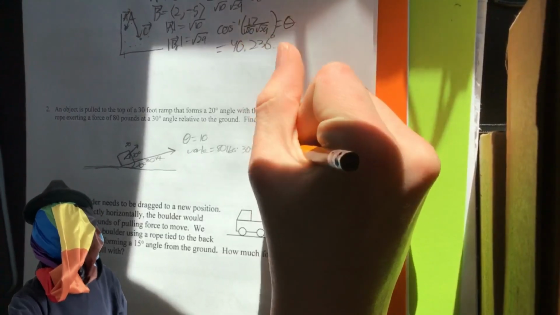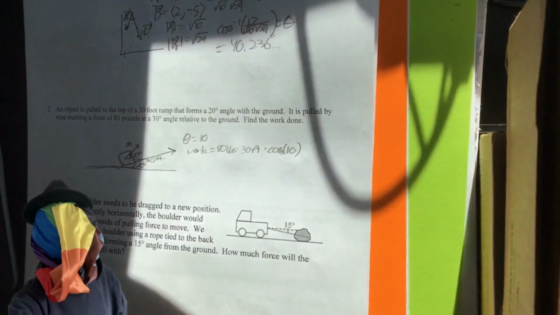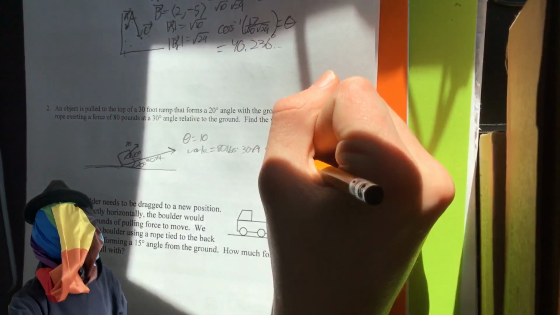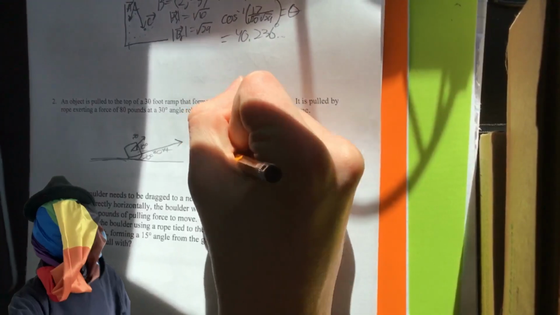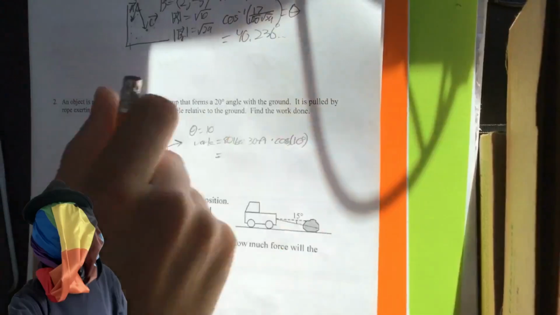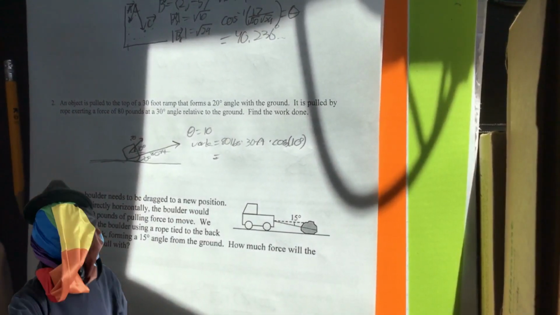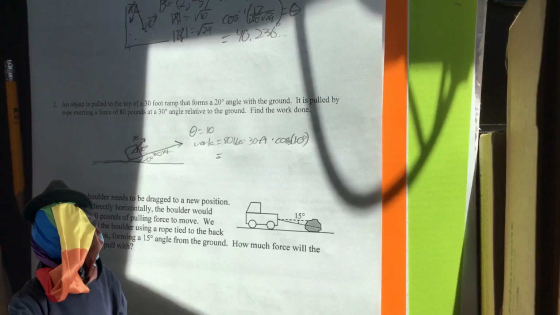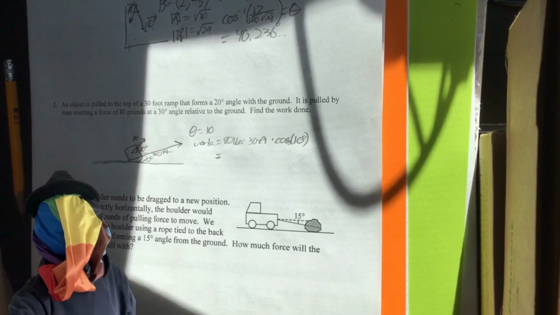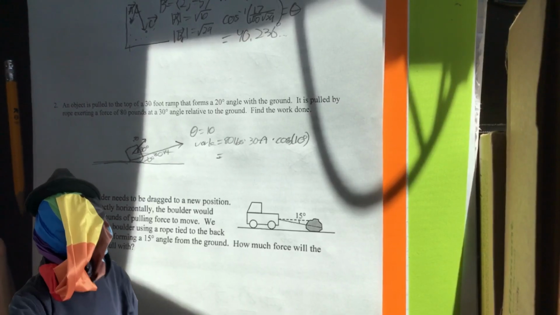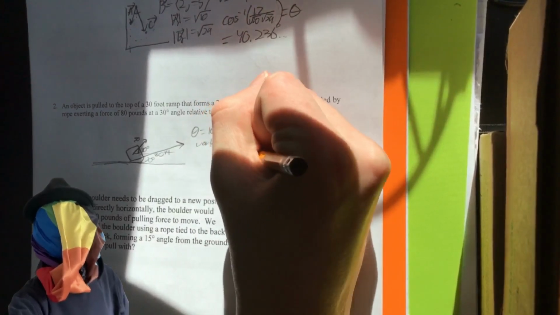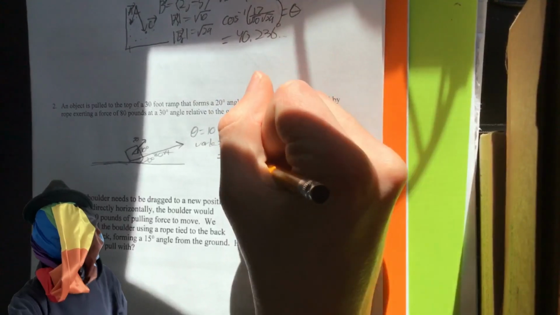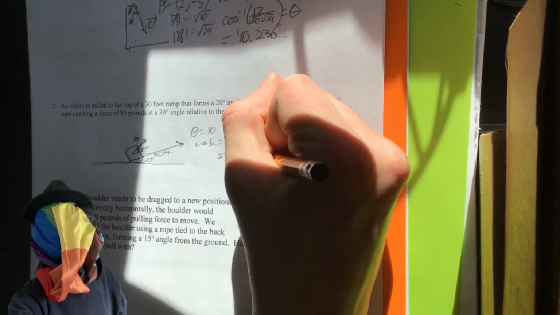Times cosine of 10 degrees. Oh, we get a dot product. Equals 80 times 30 times cosine of 10 degrees, which equals 2363 foot pounds.